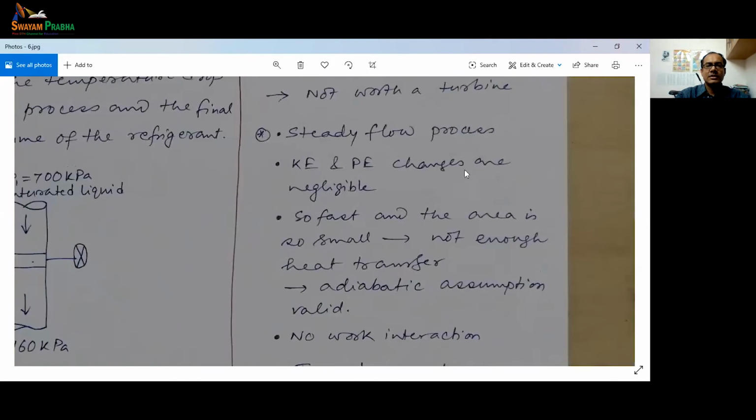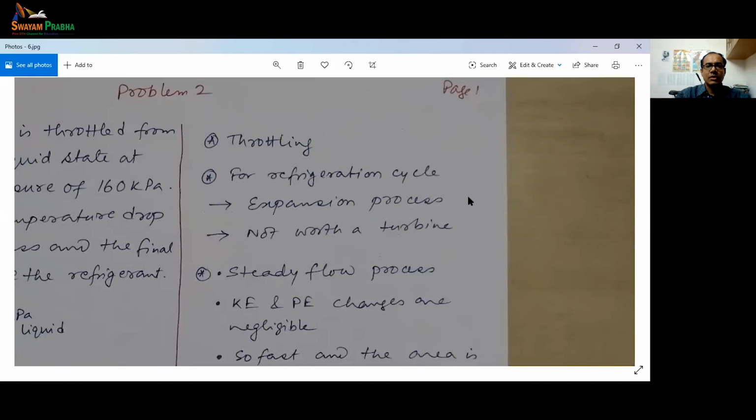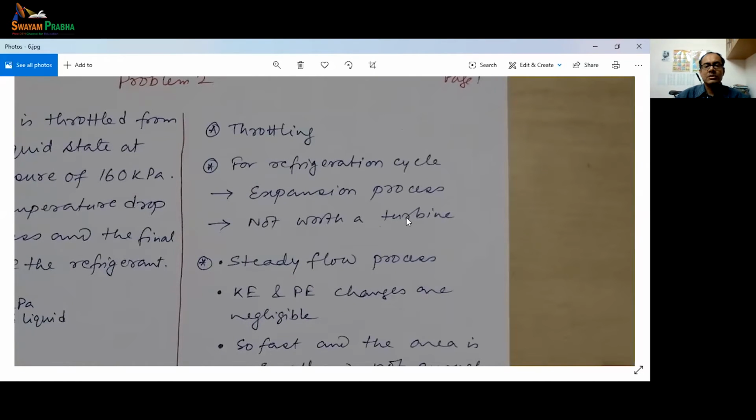Okay, so let's look a little bit at this throttling process, and you will encounter this many times in the thermodynamics course and as an engineer in real life.